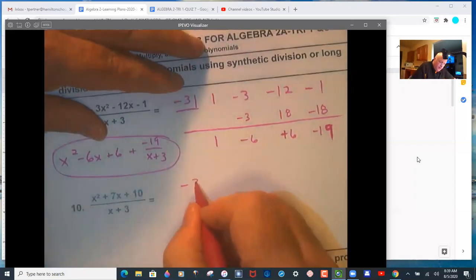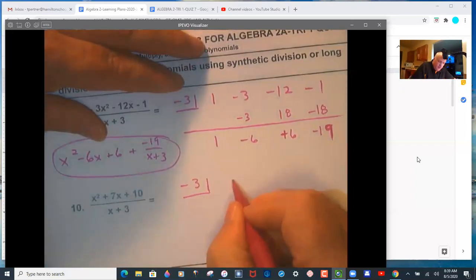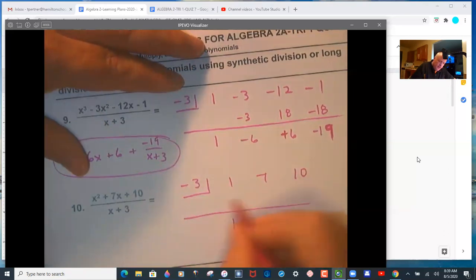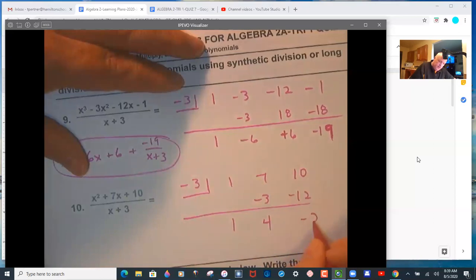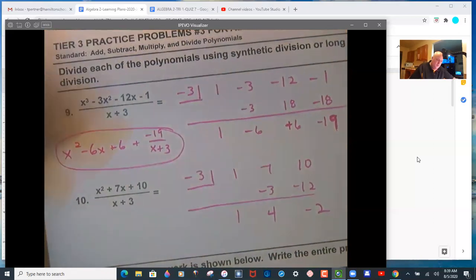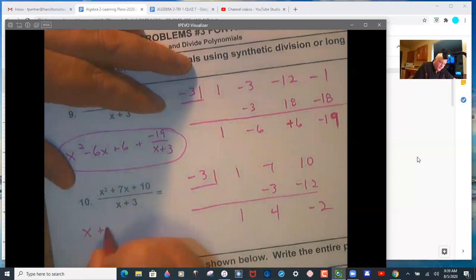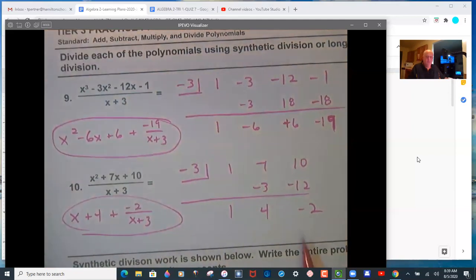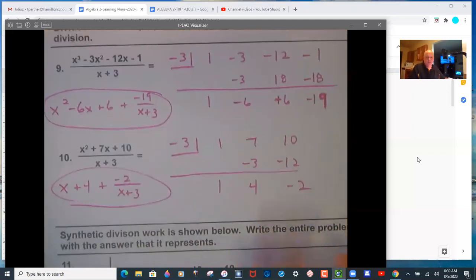Okay, same thing here, negative 3, and then 1, 7, and 10. Drop 1 down, negative 3, 4, negative 12, negative 2. So x plus 4 plus negative 2 over x plus 3. So remember, the first two get nothing when you look at the, so this is an x, that's an x squared.